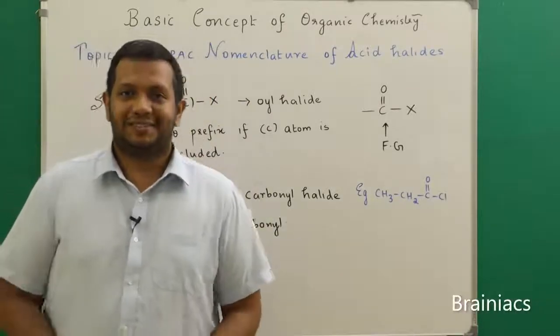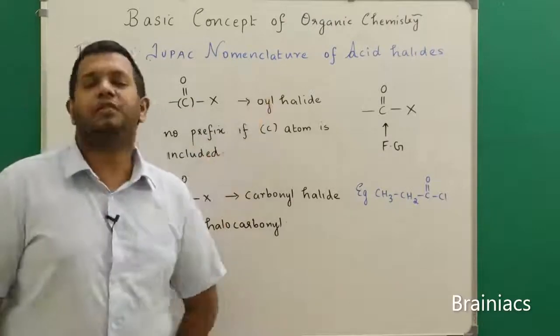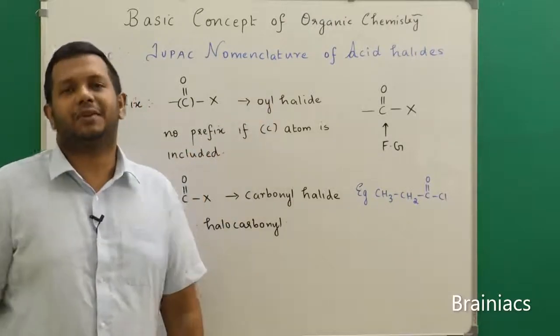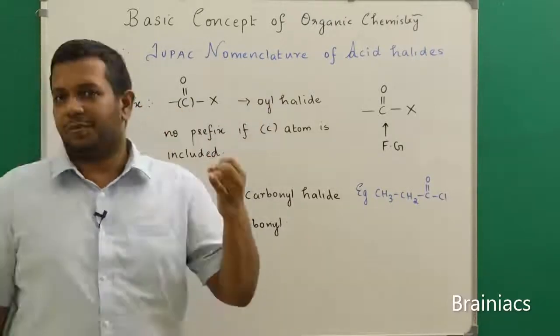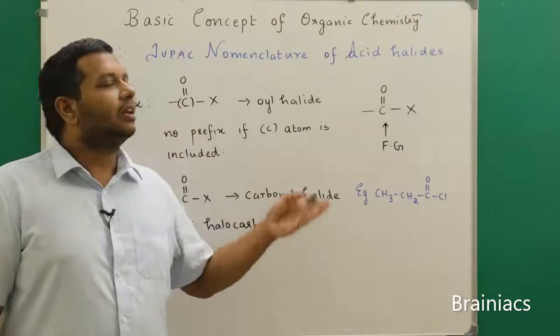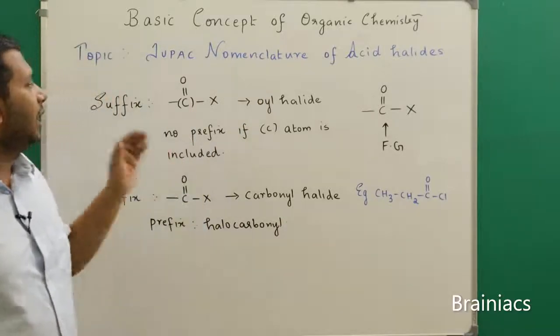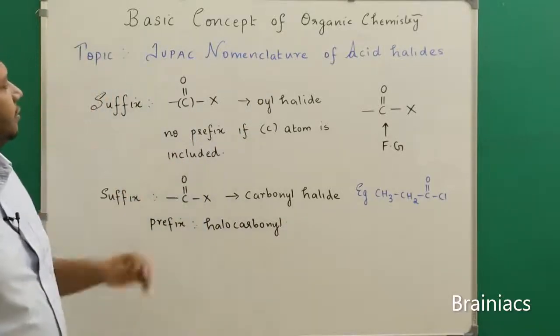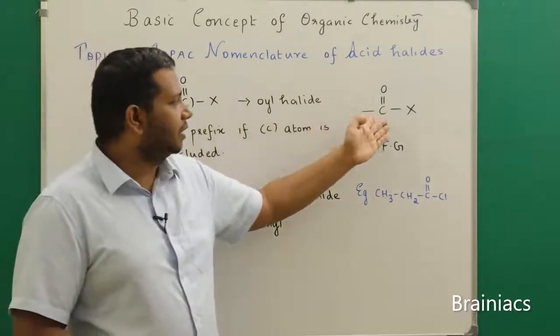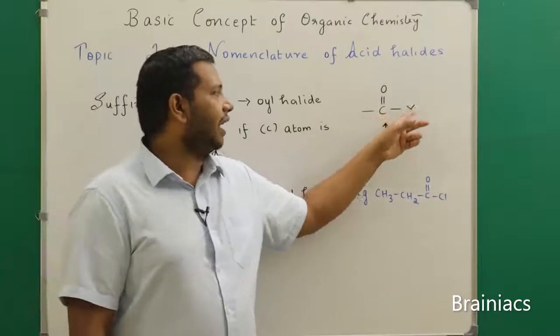Hi dear students. Today we are going to learn the next topic, that is the IUPAC nomenclature of acid halides. We first learned carboxylic acids, then anhydrides, then esters, then comes acid halides in the priority table, correct? In acid halides you can see the suffix is represented basically as COX. Here a carbonyl group is there, and why halide?